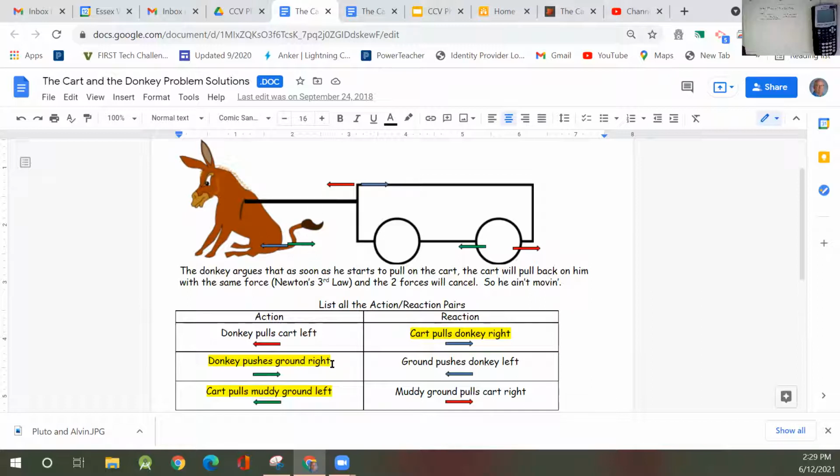We can keep on going because the other players involved are friction with the ground. The donkey pushes on the ground and the ground pushes the donkey, and the cart too has friction with the ground. If you look at how they're color coded, the red forces are forces on the cart, the green forces are forces on the ground, and the blue forces are forces on the donkey.